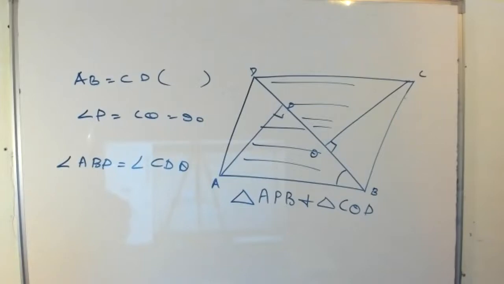Okay, right now, in triangle APB and triangle CQD, AB equal to DC, opposite sides of a parallelogram.